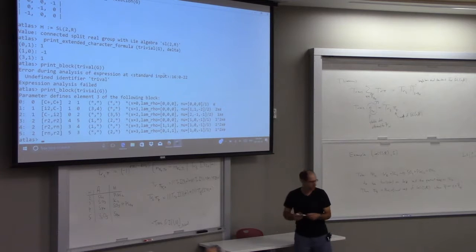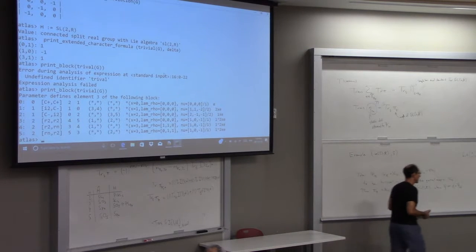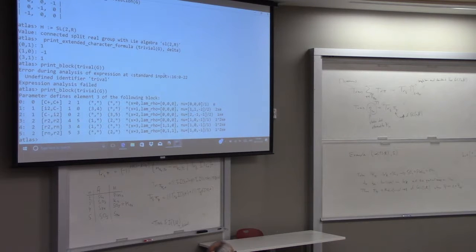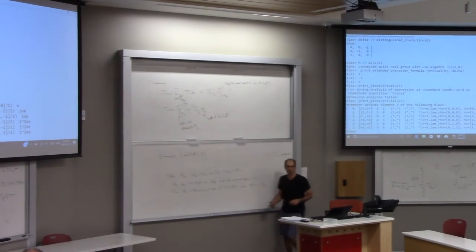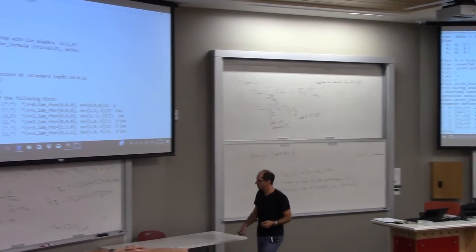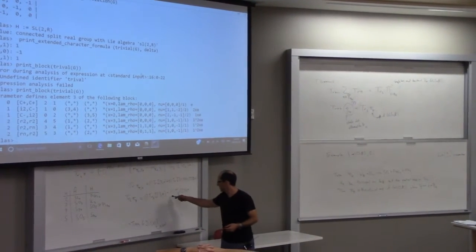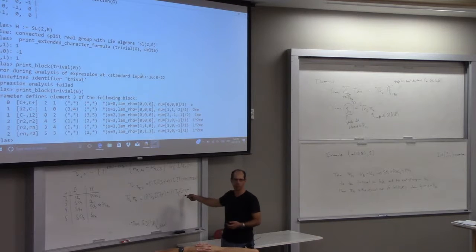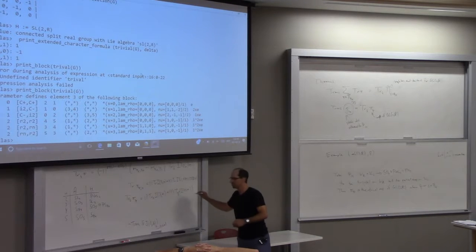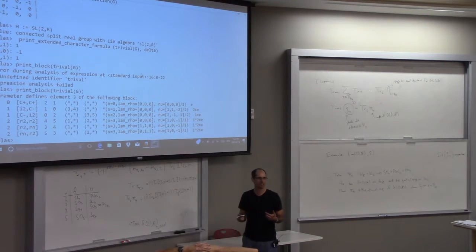Now, we could spend some time thinking about what's going on over here. The fact that this is a +1 is bad, right? Before we had a -1 over here with the relative discrete series, and that's what gave us the subtraction we needed for the trivial representation of the endoscopic group.